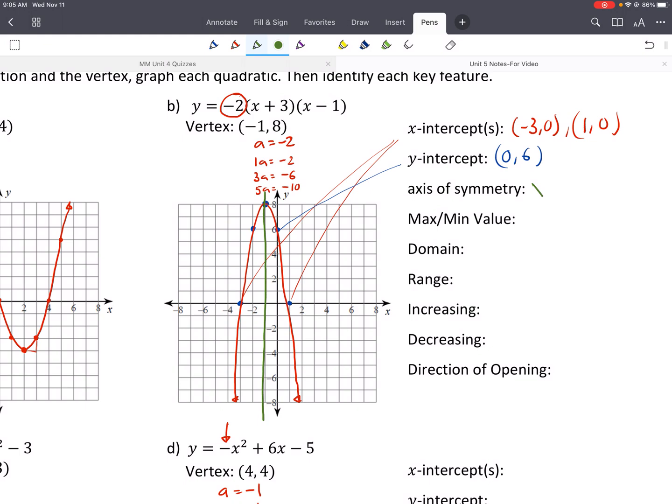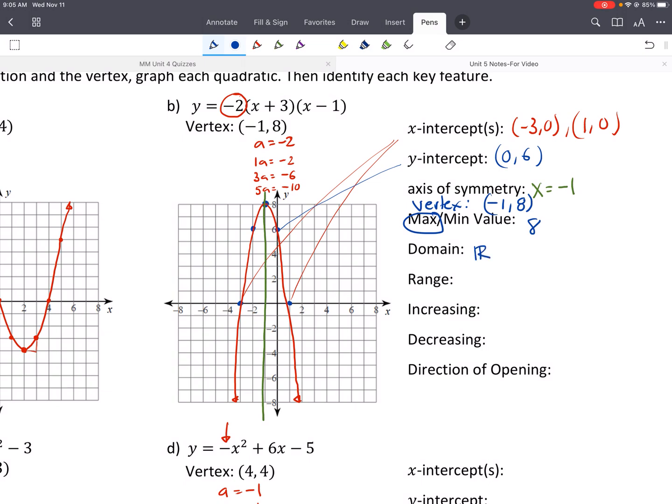So that would be x equals negative 1. Oh my, vertex is missing. So vertex should be in here. So the vertex here would be negative 1, 8. The maximum or minimum value would be a max, and its value would be 8.